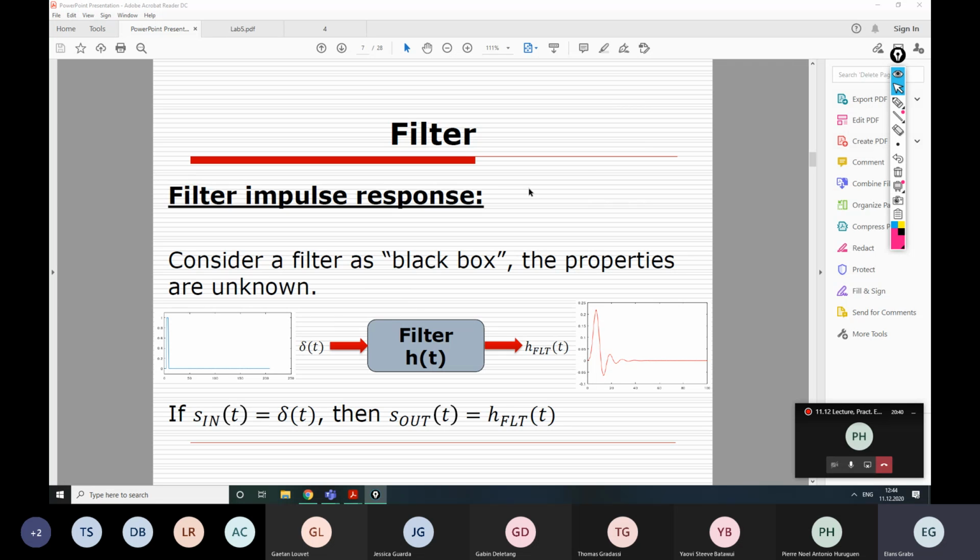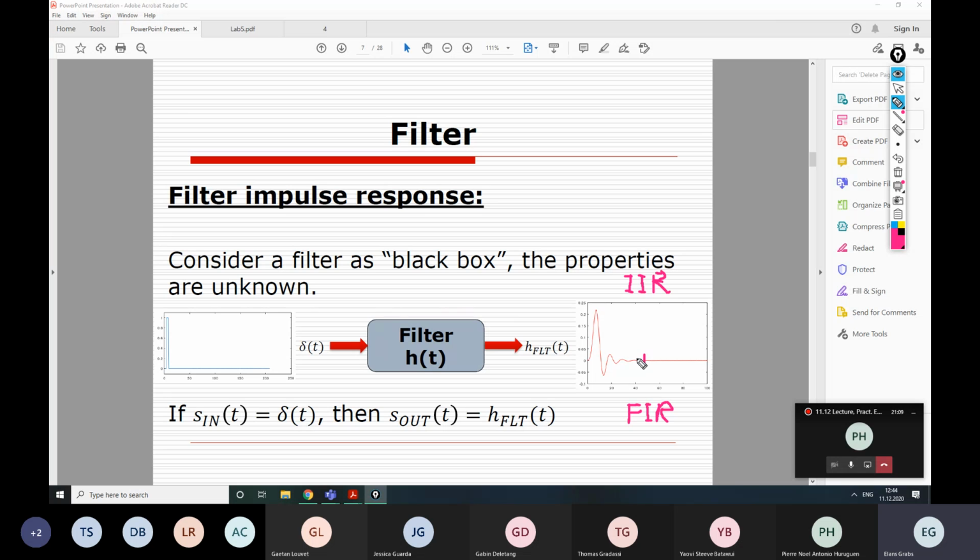And yes, as I have said, we have digital filters, we have analog filters. And depending on the length of this impulse response, these filters can have infinite impulse response, and they are therefore called infinite impulse response filters, IIR. And they can have finite impulse response, FIR, right?